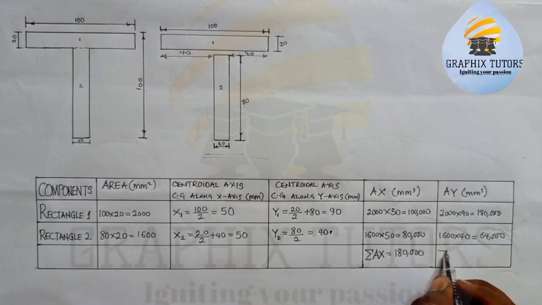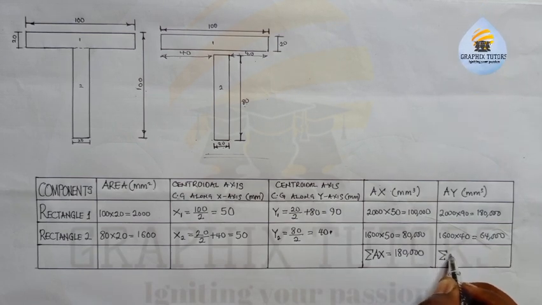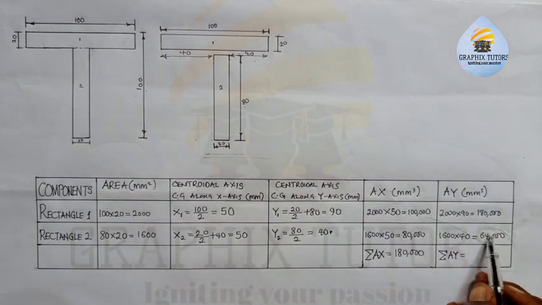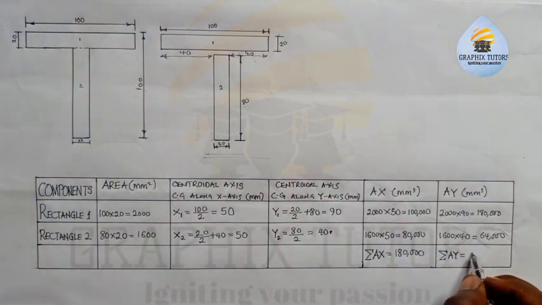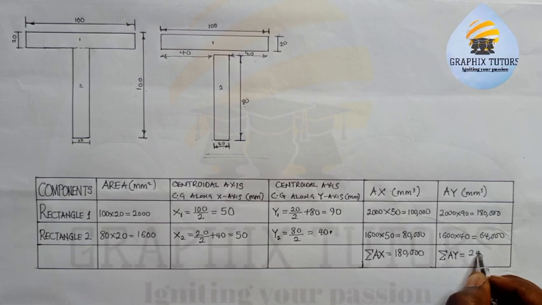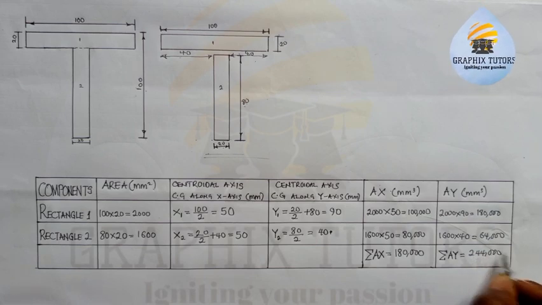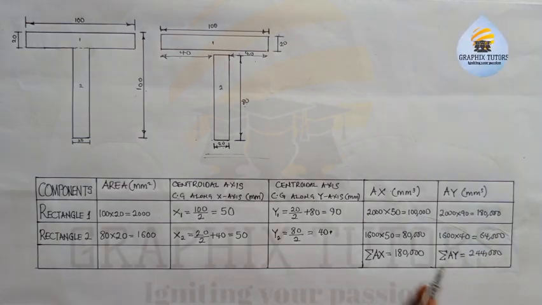And the summation of ay is going to give us 180 plus 64, and that is going to give us 244,000. That gives us 244,000. Is that okay? Now we've gotten the summation of this and the summation of that.